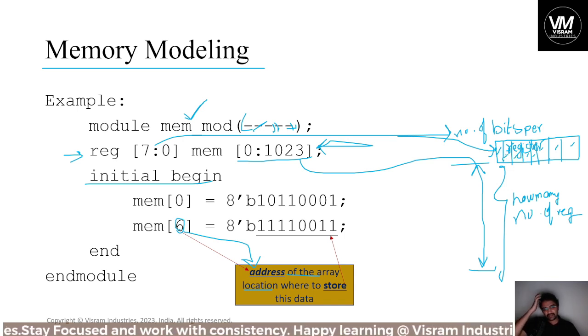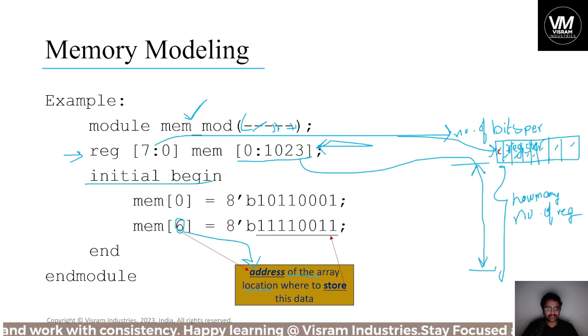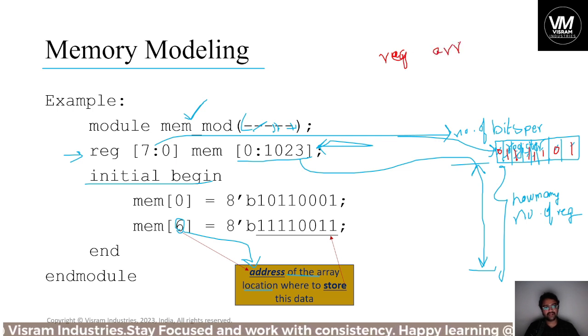Got it? So you are storing some data in it. For example, consider as 0 1 1 1 1 1 and 0 1. This is the data stored in this register of array. Array is represented usually in terms of register, like this.